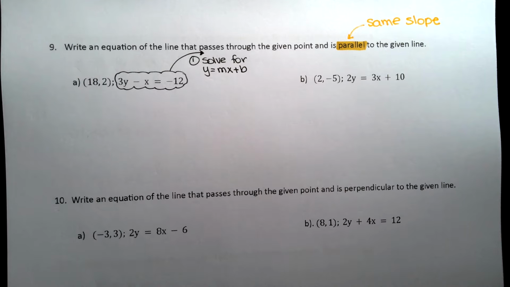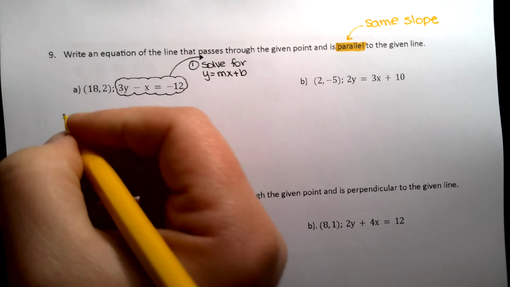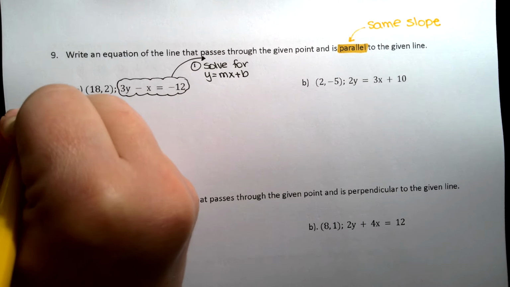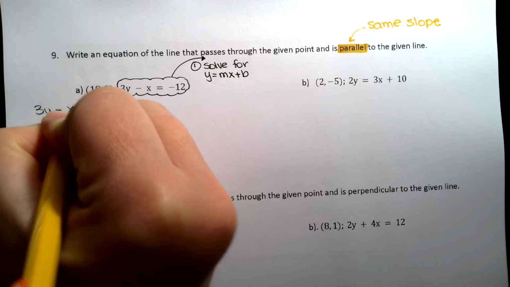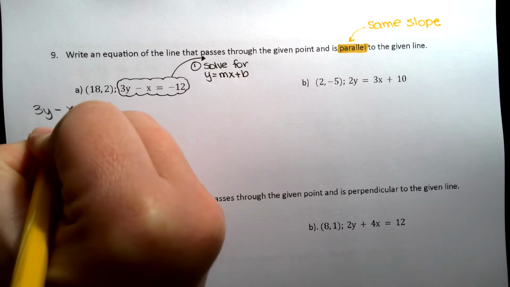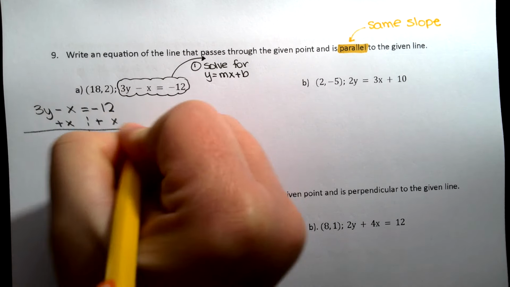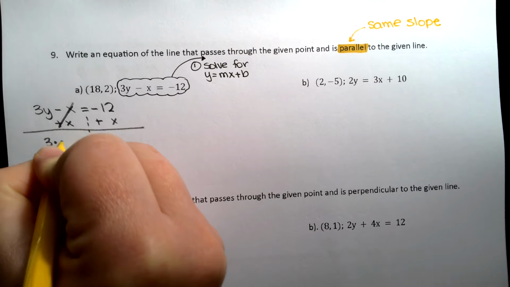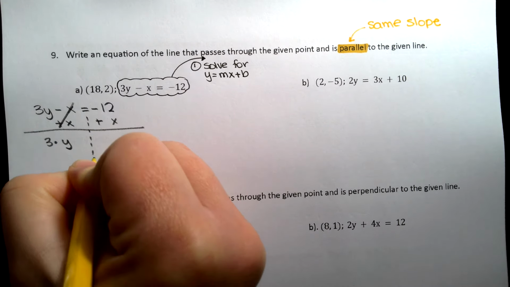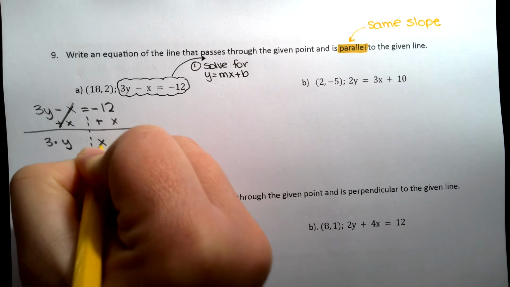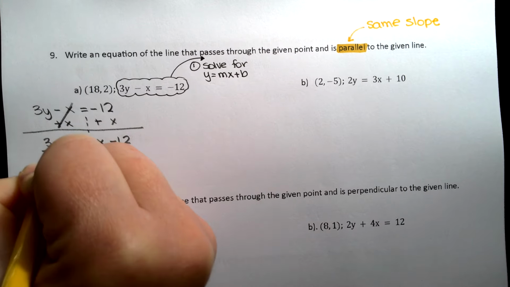So step number 1, take the equation they've given you and solve for y equals mx plus b, which is slope-intercept form. What that looks like is I am going to solve for y by itself. And my goal here is to acquire my m value.